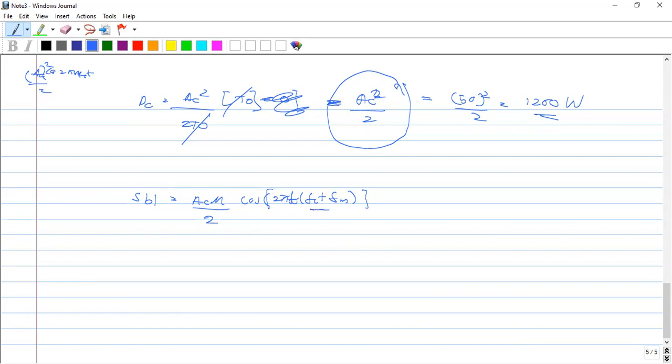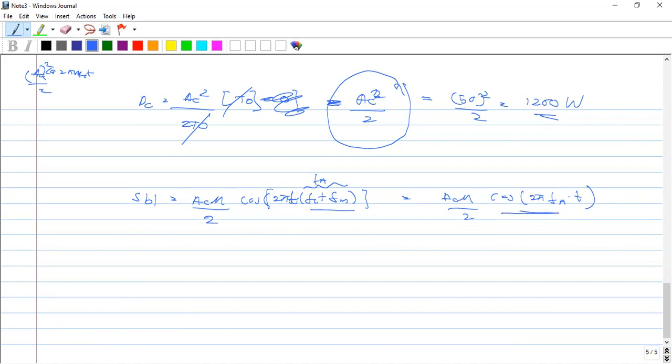This fc plus fm is another frequency, let's say fa. So as SB1 you have this kind of signal, cos 2πfat.